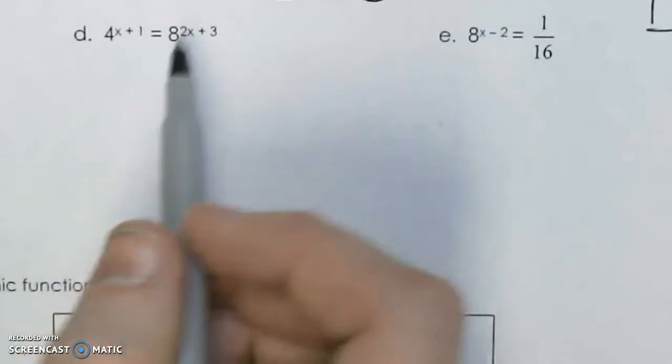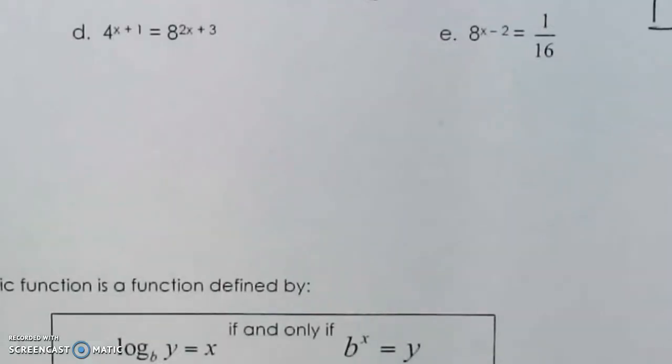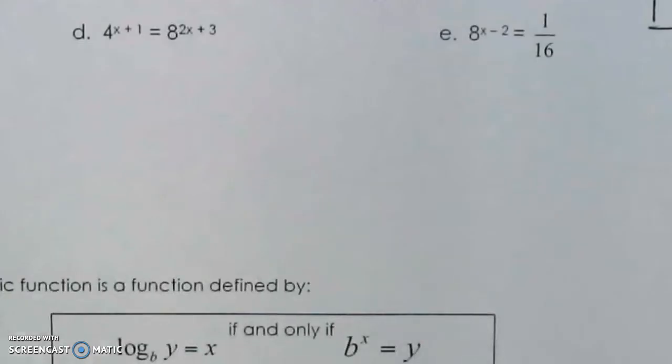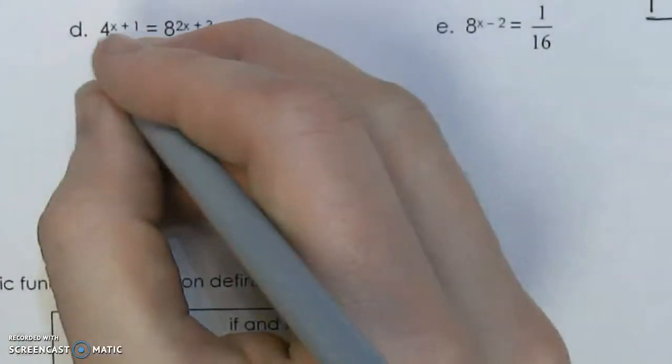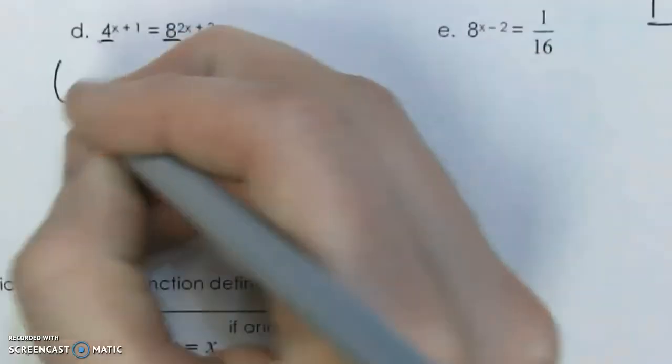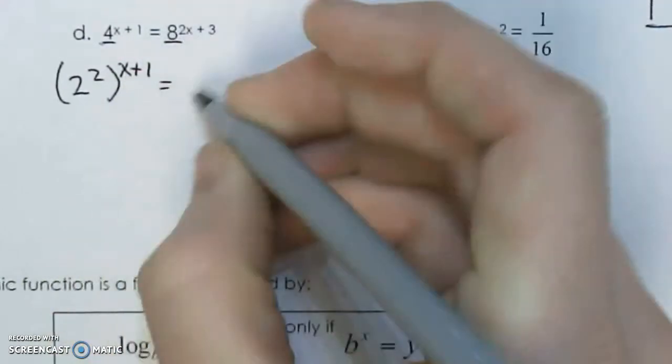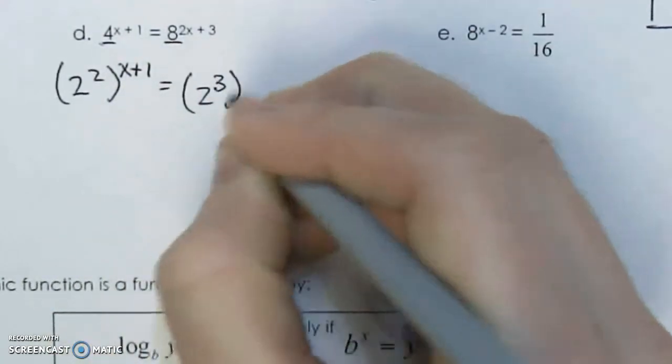So looking at this, I've got 4 and 8. Now I can't change 8 into a base of 4, but I can change them both into a base of 2. So I've got 2 squared, and I can change 8 into 2 cubed.